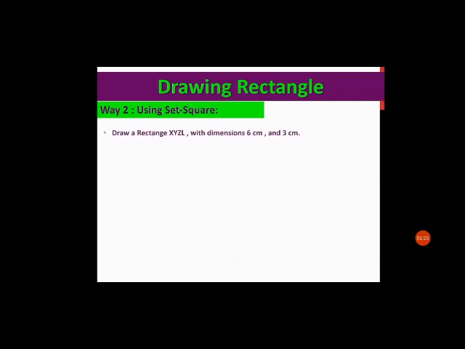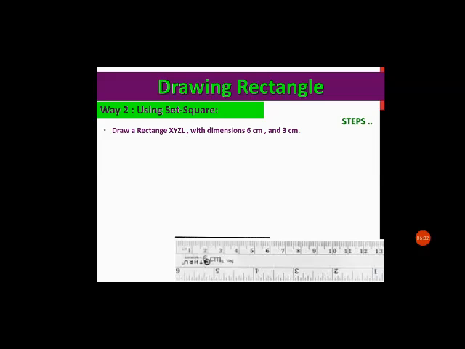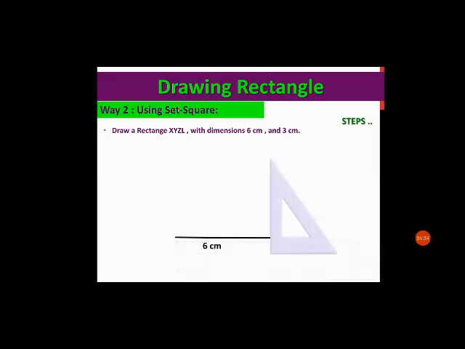Let's see the other way of drawing the rectangle using the set square. We will hold the ruler and measure 6 centimeter as we did before. The only difference here is that I'm going to use the set square instead of the protractor. Put the set square exactly on the line, make sure it's not shifted downward or upward, and draw the 90 degree angle.